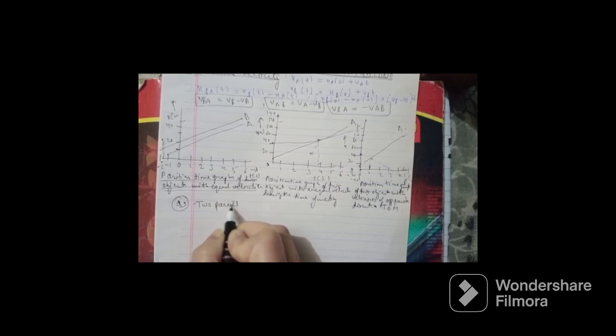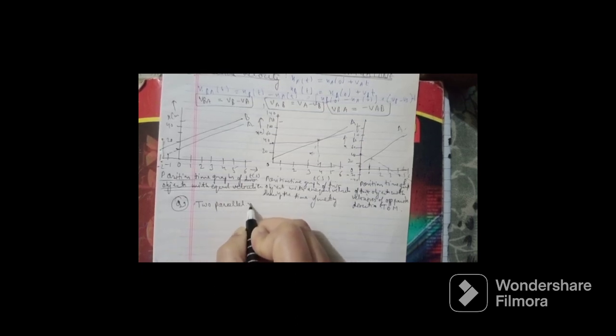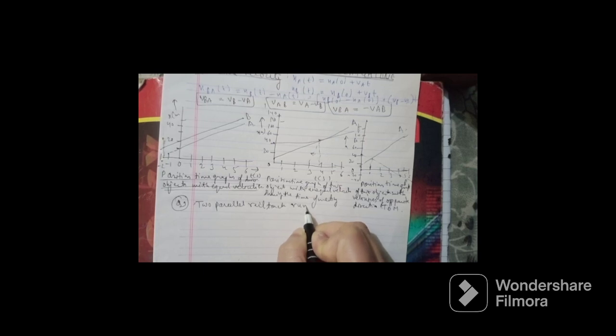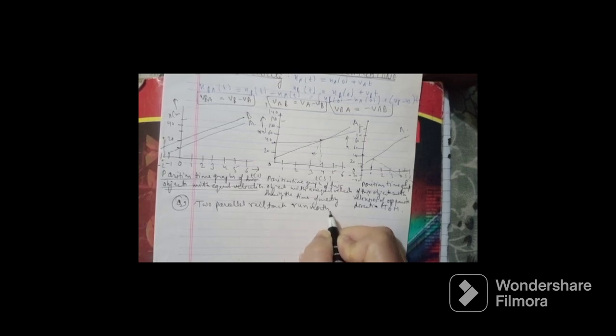Two parallel rail tracks run north-south.